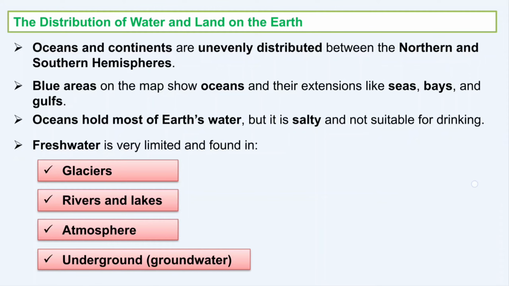Now the underground water is also drying up because of exploitation of the groundwater. That is why we are always advised to save water. Water is very precious, because it is one of those essential components necessary for human beings to live, isn't it? So that is why we have to save water.